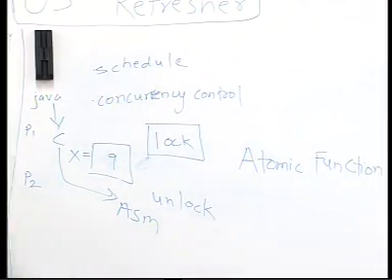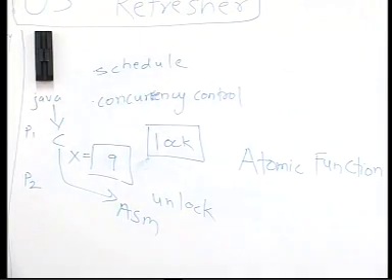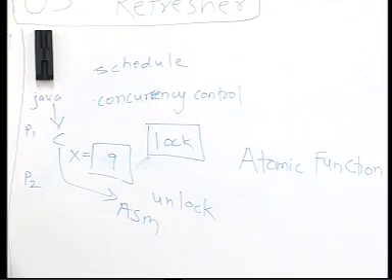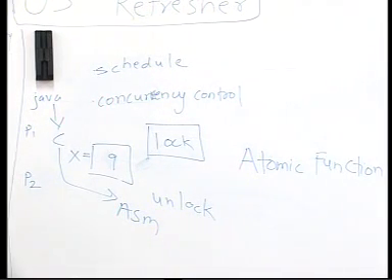So on the real processor, what do I do to make something atomic? So how do we do that?